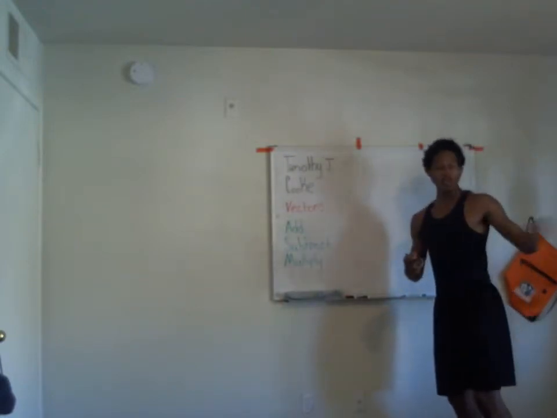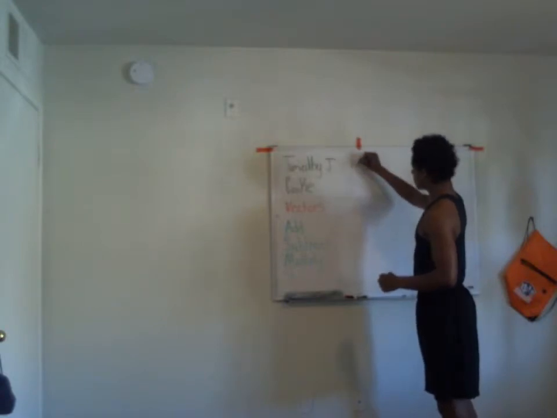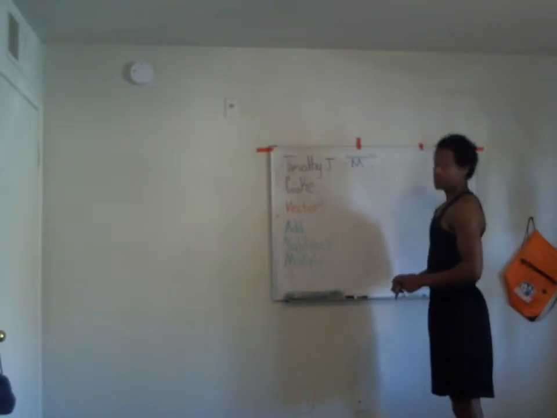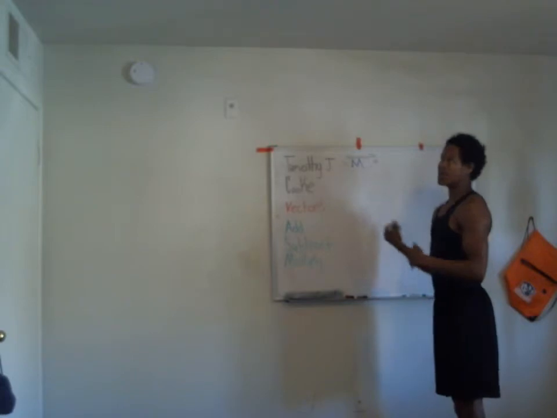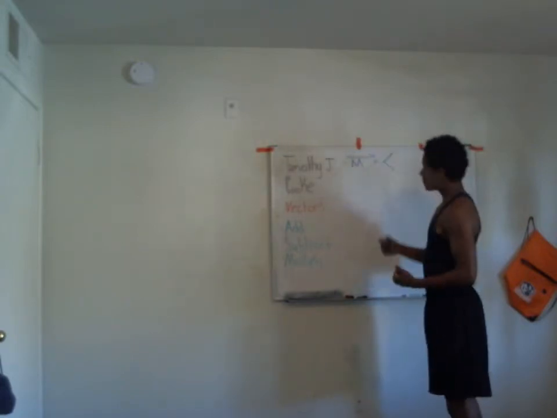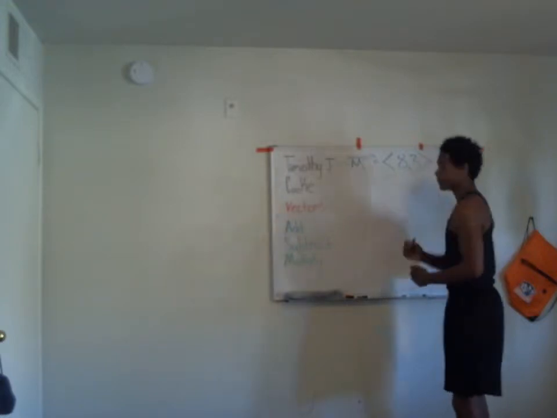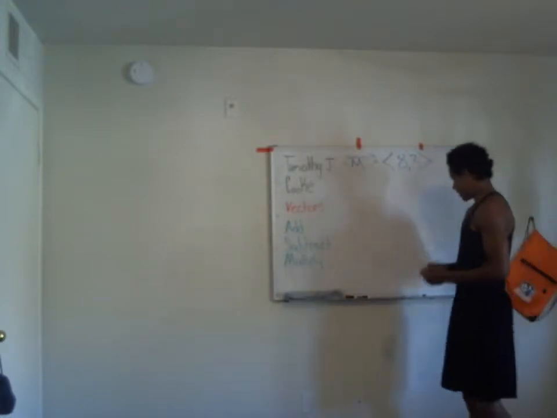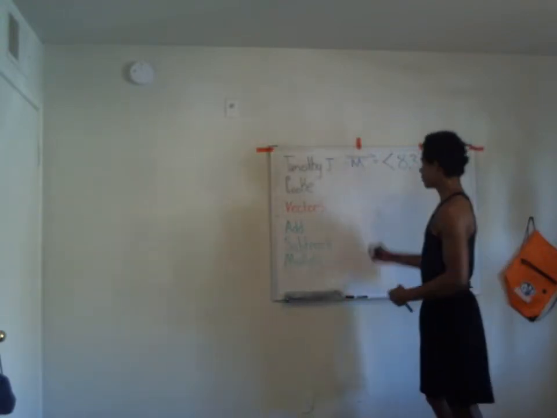I'm going to call one vector M, and that means me. Okay, and now I'm going to have this vector equal to, let's say, 8 and 3. Now I'm going to have vector F, the football, right?